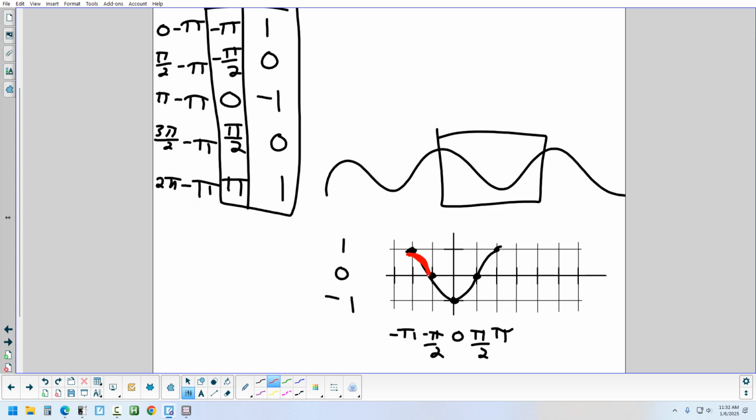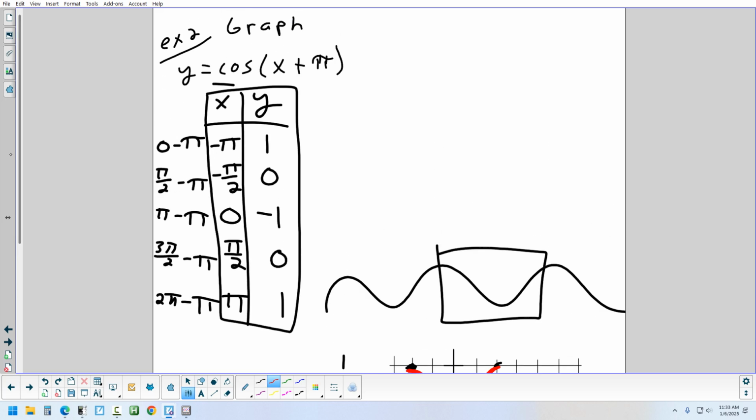It's like kind of curved that way. And then when it gets to this point, it switches and it curves that way. And then at this part, the curve switches again. So it's either curving up or curving down. That's what these graphs look like. All right, any questions on that?